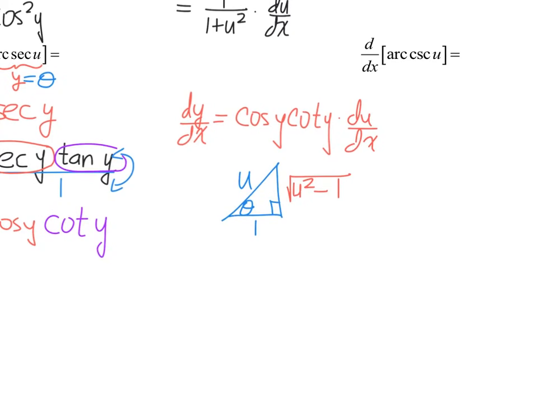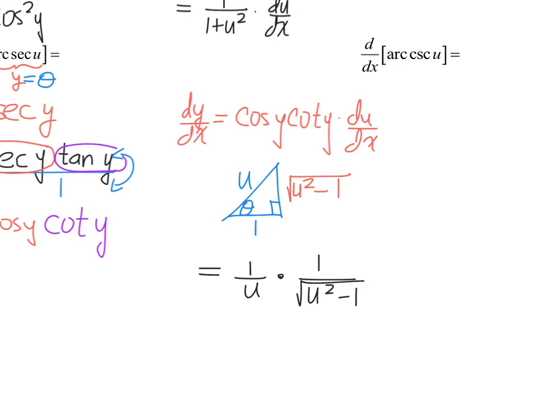It's going to be the hypotenuse squared minus 1 of the legs. Cosine is adjacent over hypotenuse, so 1 over u. The cotangent is adjacent over opposite, so 1 over square root of u squared minus 1, which we can make into a single fraction.